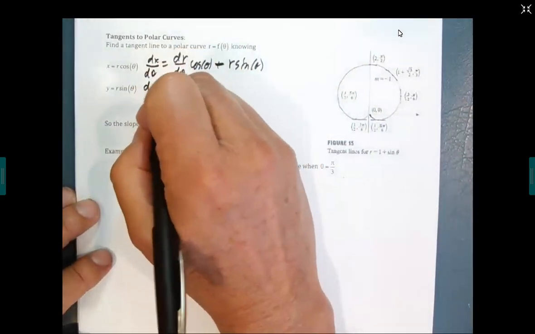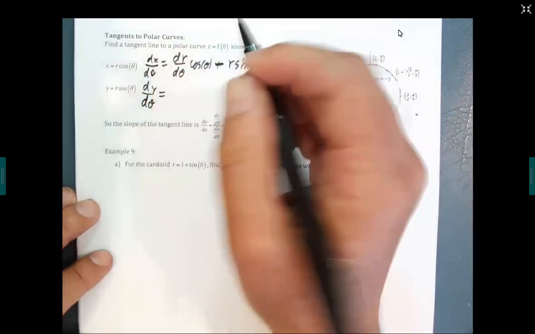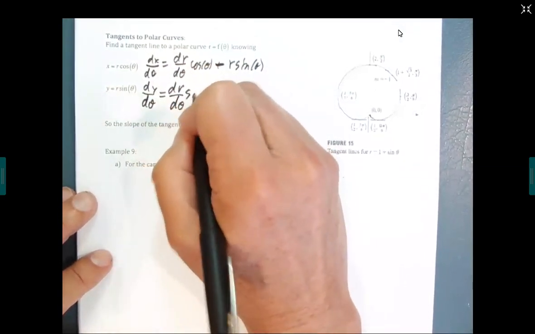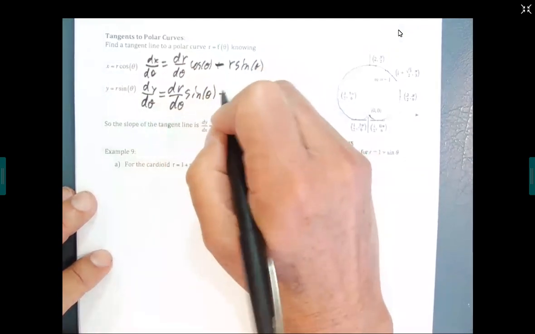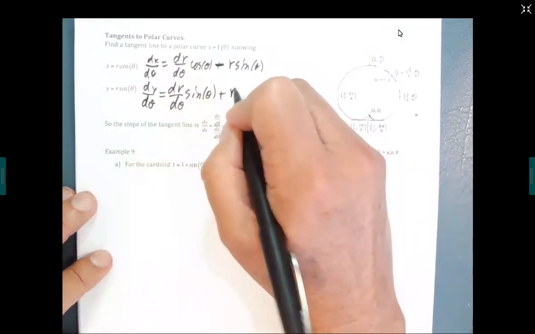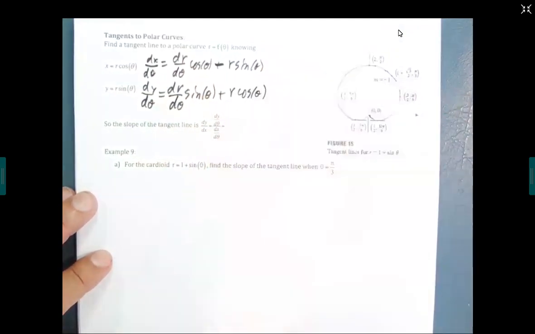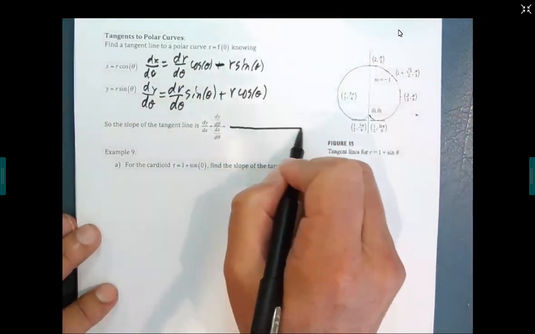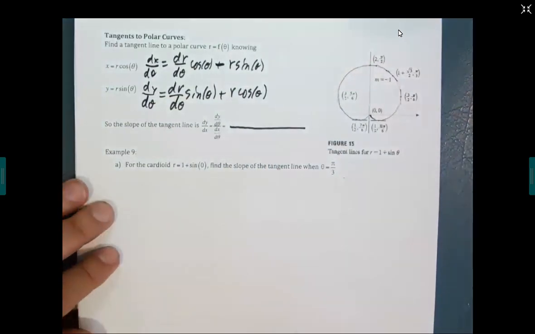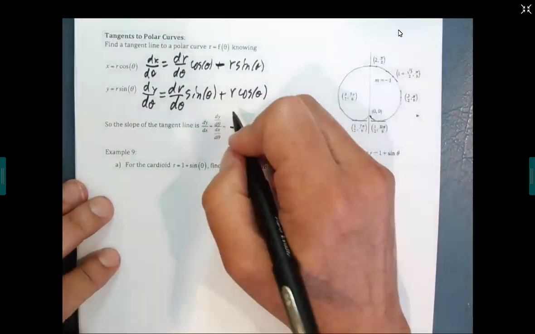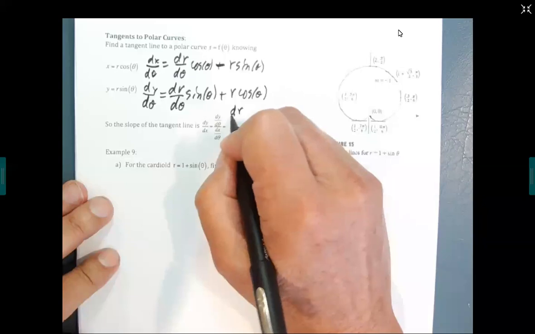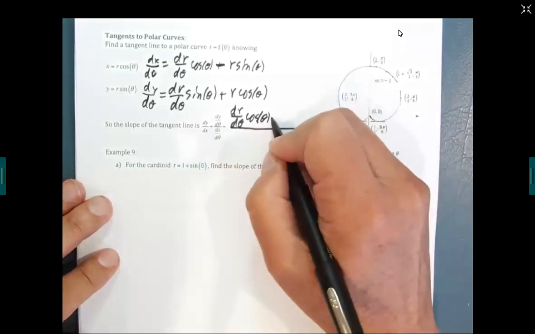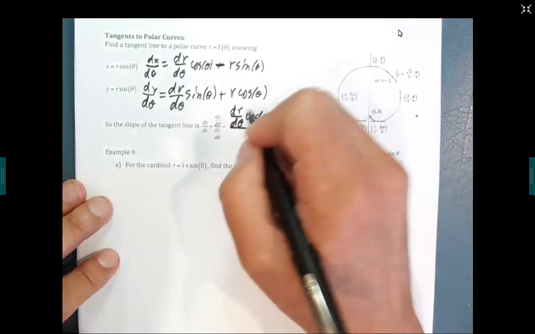Do the same thing with y, dr d theta sine of theta. This one's going to be plus because it's r cosine theta. And if we treat this like it's a parametric equation, up top we're going to end up with dr d theta cosine theta sine theta.